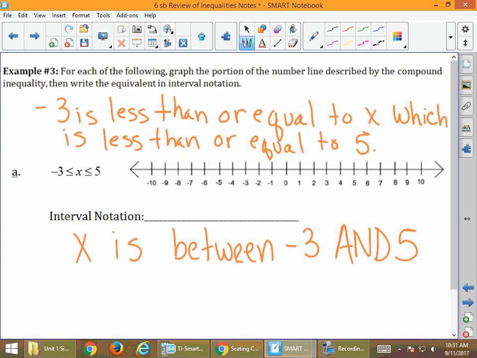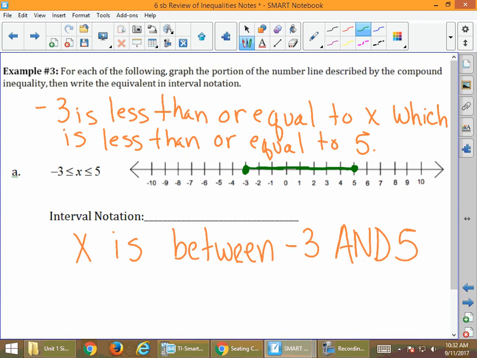So how do we graph that? Well, we're going to go to -3. And we're going to put a filled in circle on -3 because it's -3 is less than or equal to. Then we're going to go to 5. And 5, it's less than or equal to, so it's going to be filled in as well. And then we're going to fill in everything in between -3 and 5.